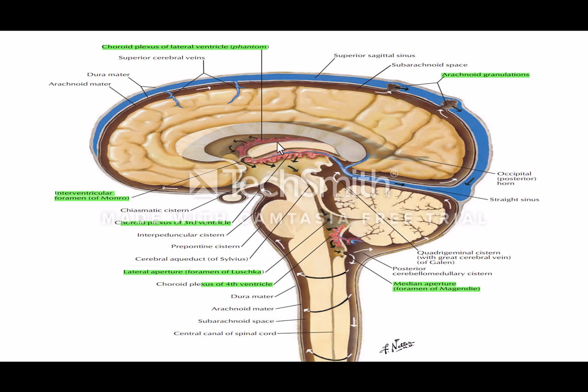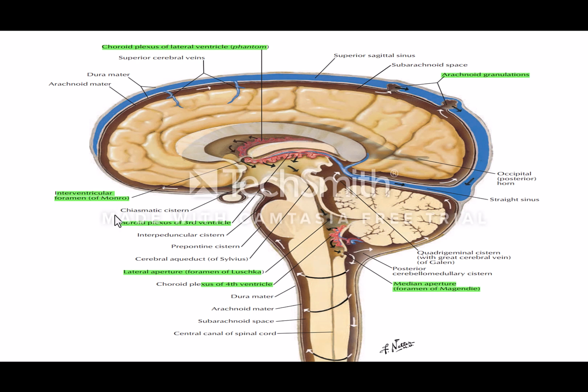Still looking at this picture, you can see this reddish, vascular tissue called the choroid plexus. This is the choroid plexus of the lateral ventricle. The function of the choroid plexus is to produce cerebrospinal fluid, CSF. If you look there, there's an opening.